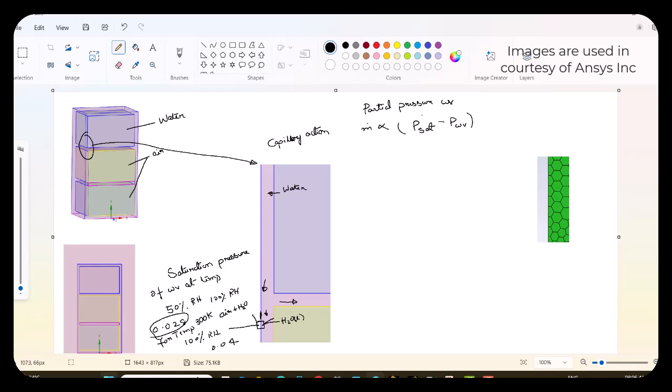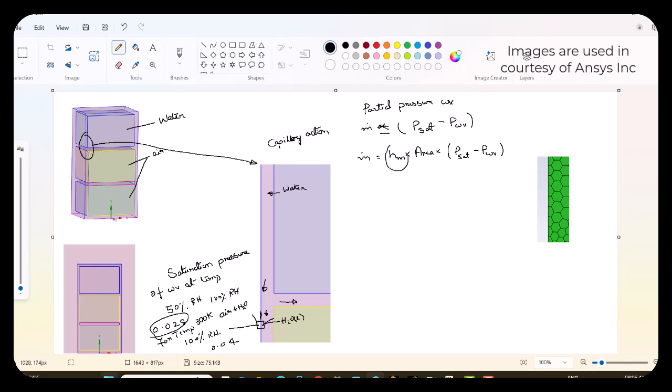It's proportional to this. So this cannot be equal to this. It is only proportional. So that proportionality constant is replaced by the mass transfer coefficient with the area, times this driving force, Psat minus Pwv.